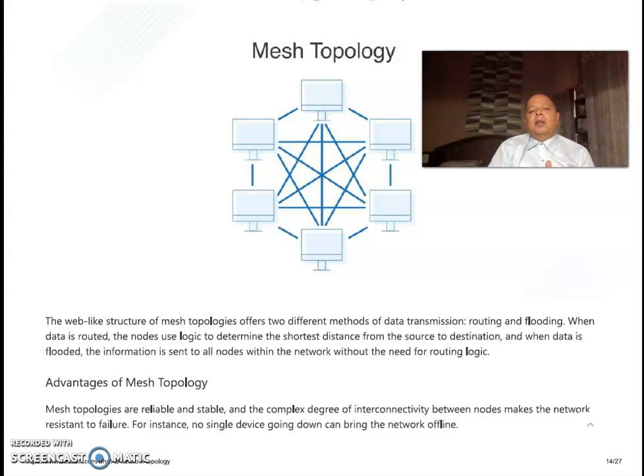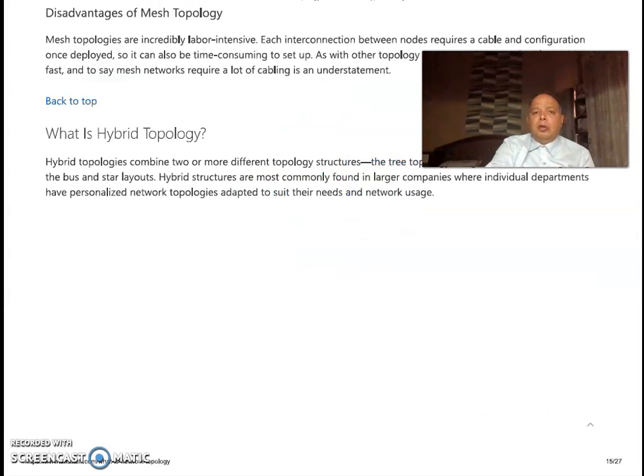So if one path fails, the other path is there to take care of the data transmission, and therefore you get a very stable networking environment with this kind of mesh topology. The degree of interconnectivity is also more in this topology. So the uptime can theoretically be 100%.